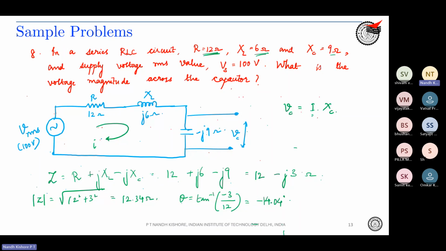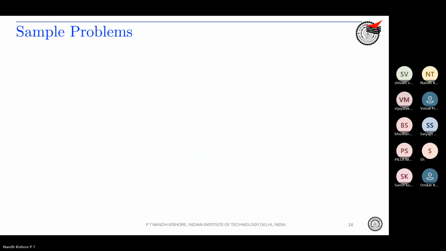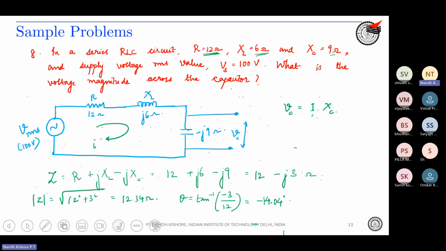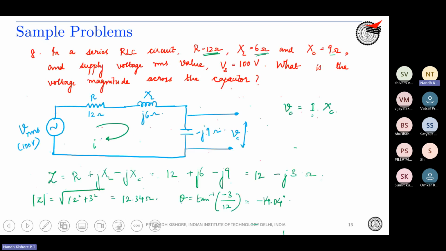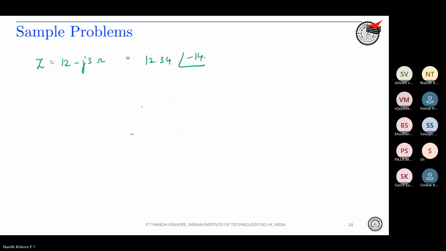So your Z, 12 minus j3 ohms, can be written as 12.34 angle minus 14.04. Okay. This is my answer in polar coordinates.